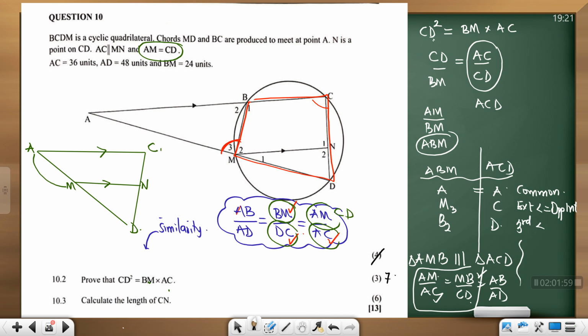Oh, so I can just replace it. CD over AC, MB over CD. Cross multiply. Can you see my working backwards? So when they give you such things, sometimes you need to break it down, identify the triangle used, and try to work your way back to the original question. Linda Kutle, I don't know if I made sense.